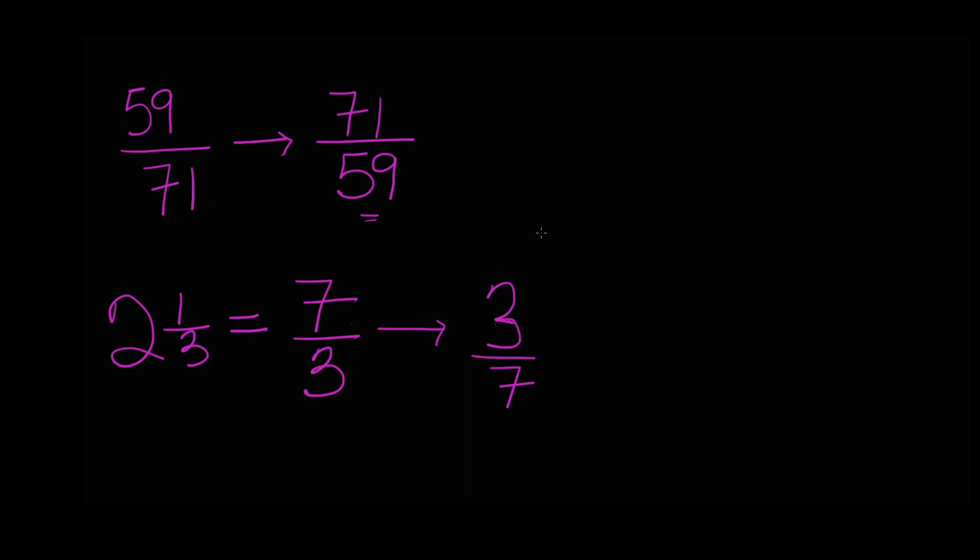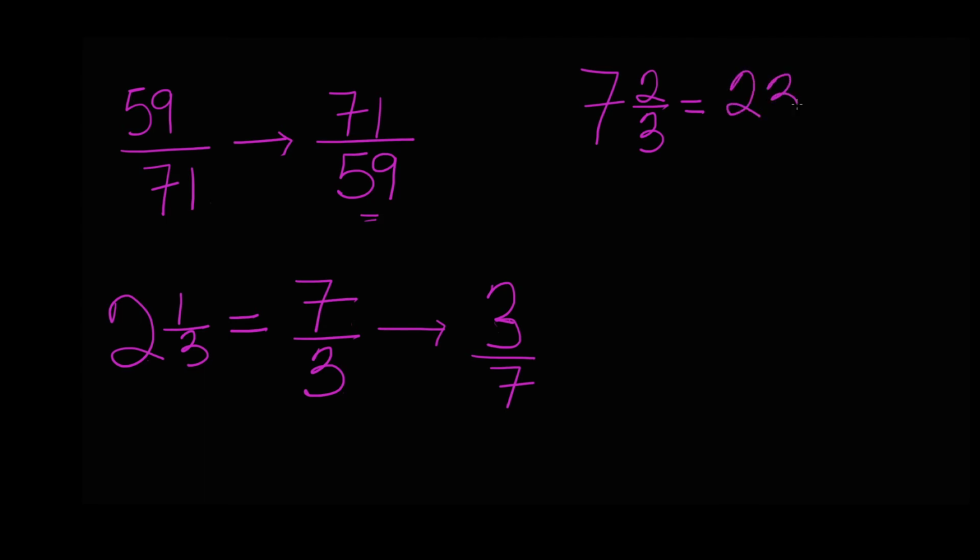Okay, let us look at one more example using mixed fraction. 7 whole number 2 over 3. Let us find the reciprocal of this. The first thing you also want to do here is to convert this to an improper fraction. How do we convert this to an improper fraction? This is going to be 7 times 3, 21. 21 plus 2, 23.